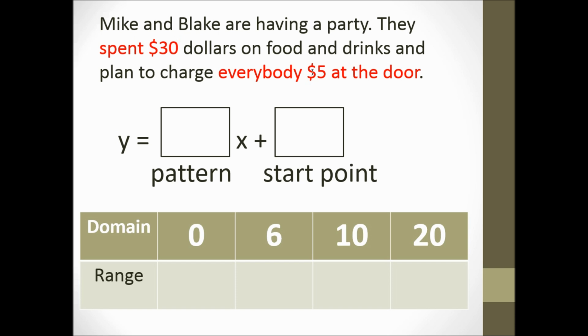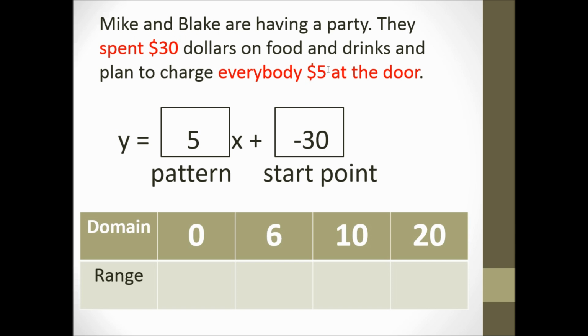And to charge everybody at the door $5 each, that's 5x. So 5x plus -30 would be my rule. Again, spent 30, so you started in the hole, and everybody's going to pay $5 at the door, so 5x.